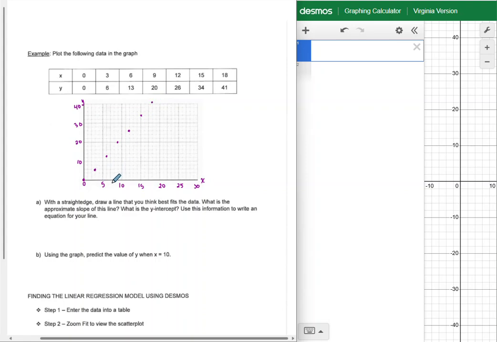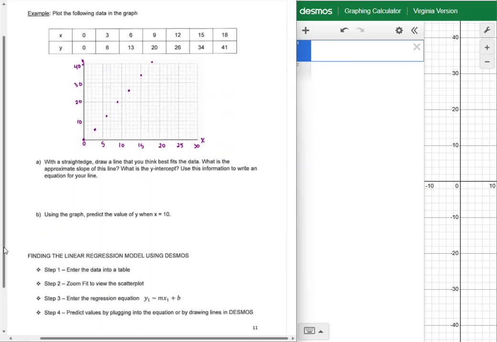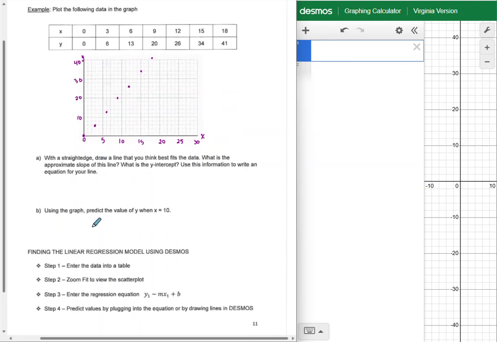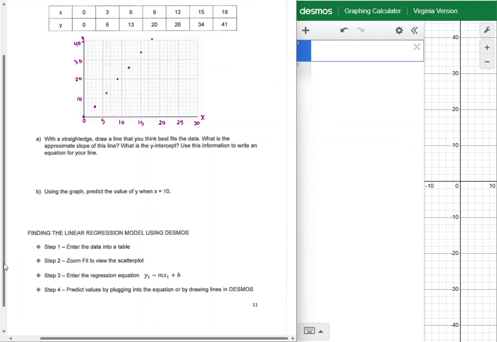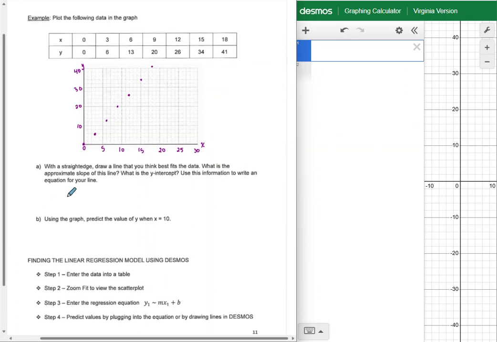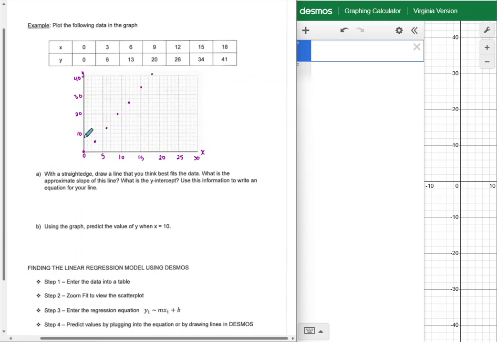If you want to pause the video and copy this down, you can, but I will continue with the questions. What I'm trying to do is find the equation of a line that goes through these points. Just looking at it, the correlation looks pretty strong, meaning the points are not very scattered. They're lining up pretty well here.